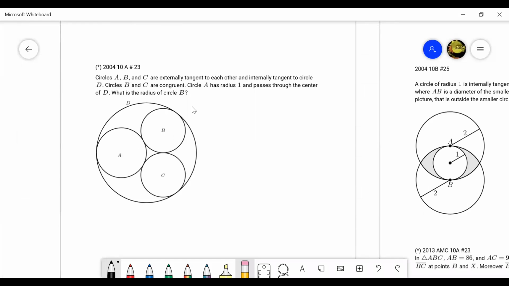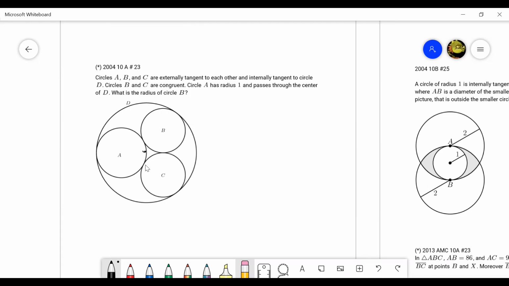It's very similar to the first question, but you'll see that circle A has radius 1 and passes through the center of the circle, while B and C are of unknown radius, and they don't pass through the center of the circle.